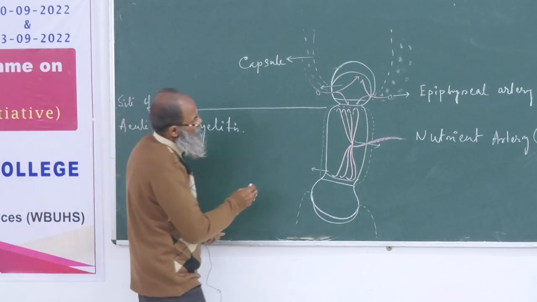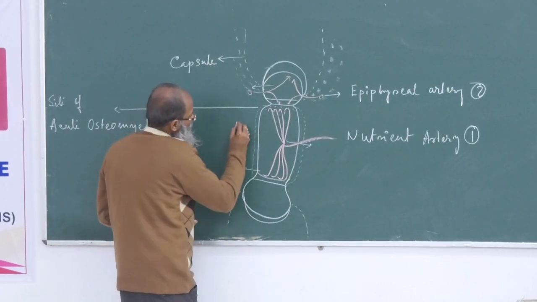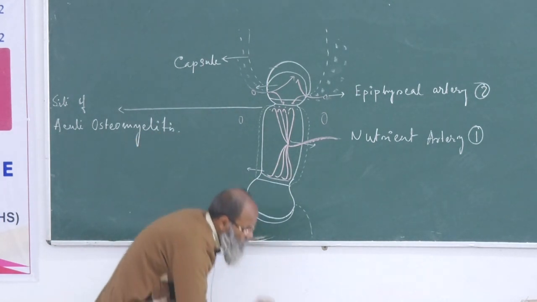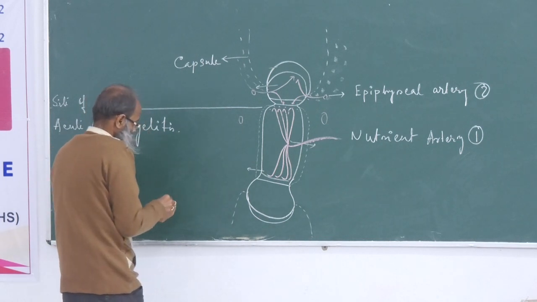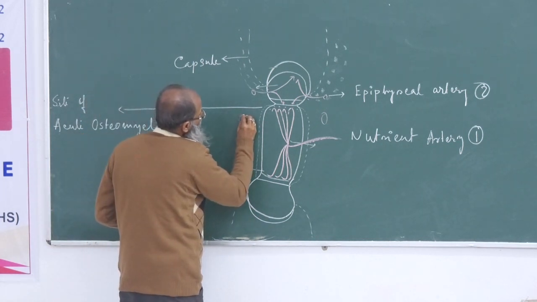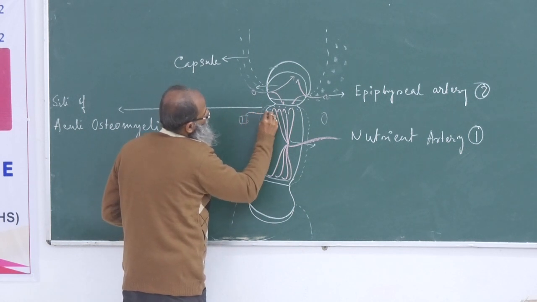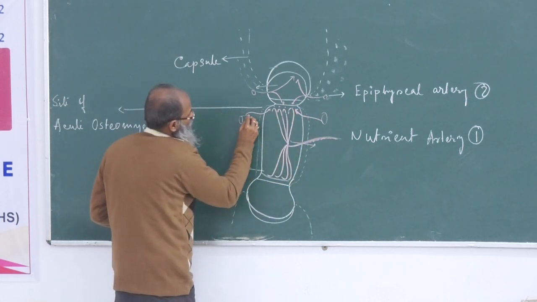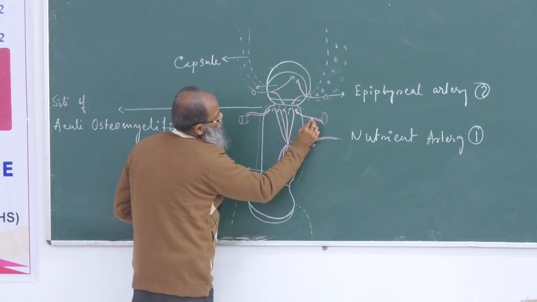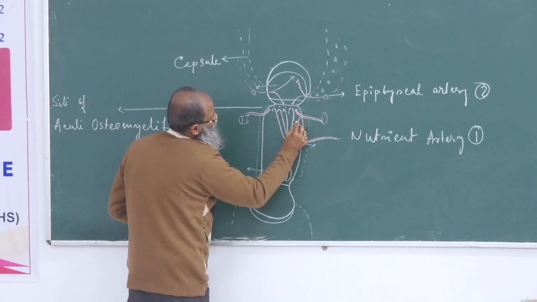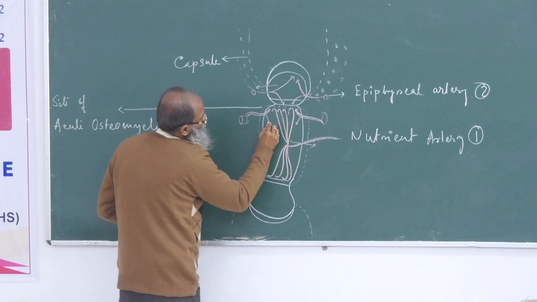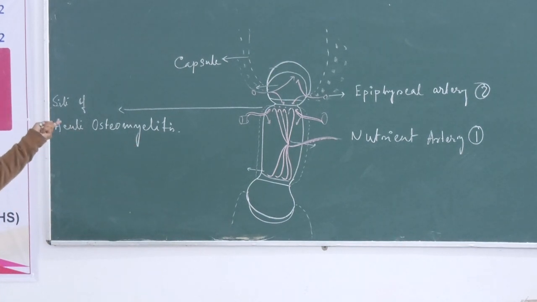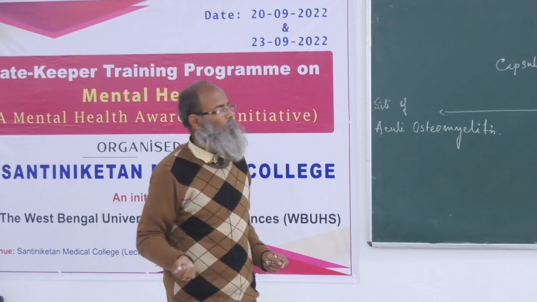Now the third is the juxta epiphyseal artery. You see the starting point. They enter beyond the epiphyseal cartilage. They supply the epiphyseal plate as well as the bone tissue near the metaphysis.